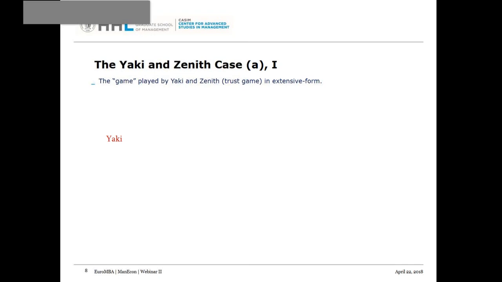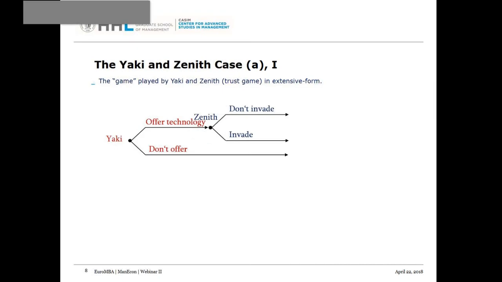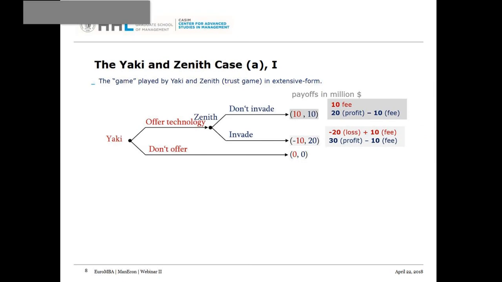This technology can be offered to Zenit, or not; these are the two options that Yaki has. And Zenit, if it gets the technology, can either use it in a market that is separate from Yaki's, or invade Yaki's market. The payoff structure is the following.